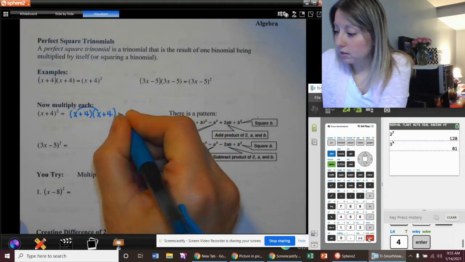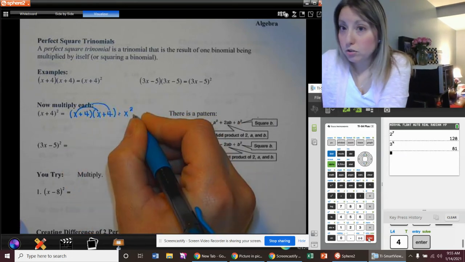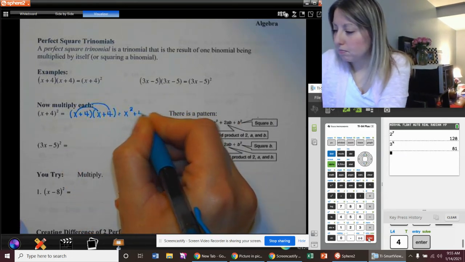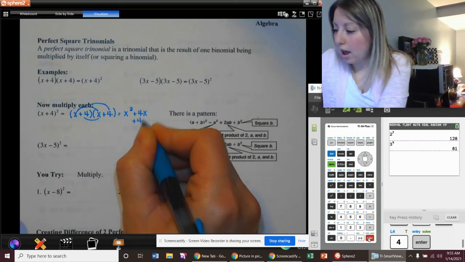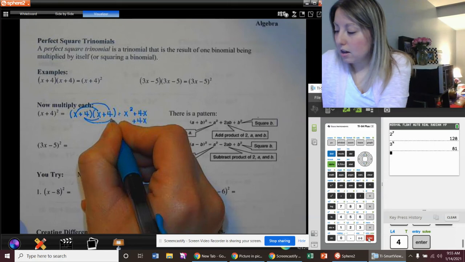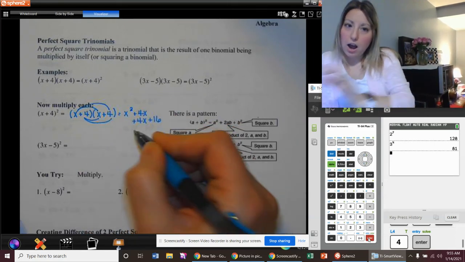x times x, x squared. x times 4 is plus 4x. Interesting. Because 4 times x is plus 4x. And then at the end, 4 times 4 is 16. So notice, how do I get that middle?